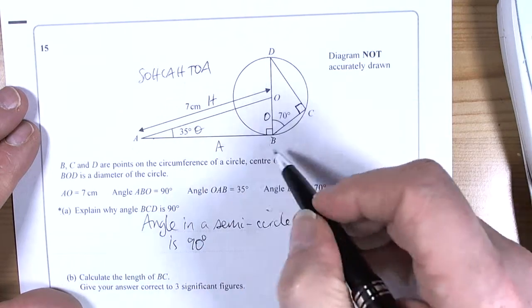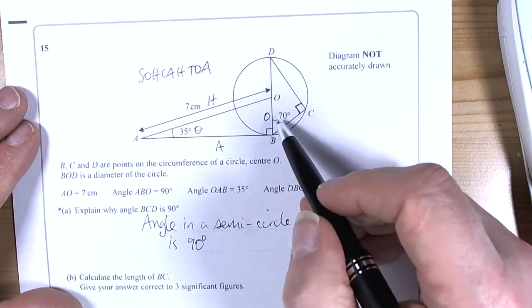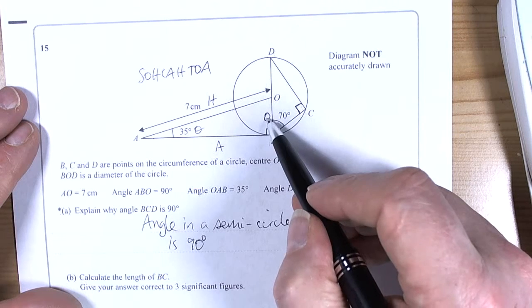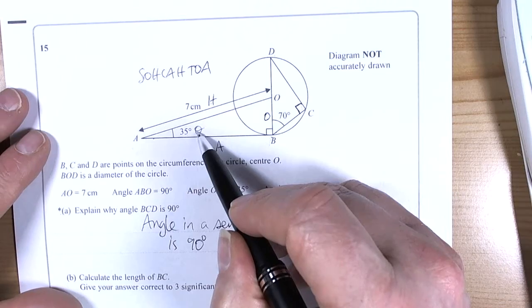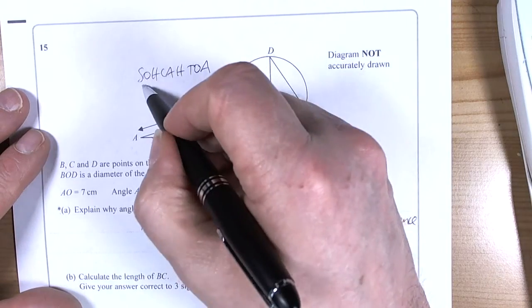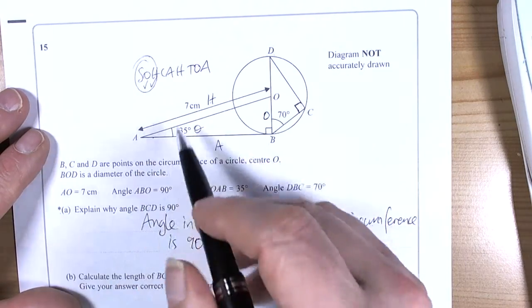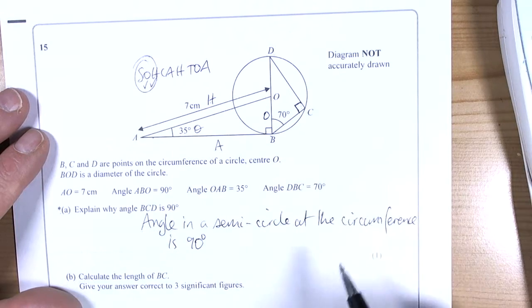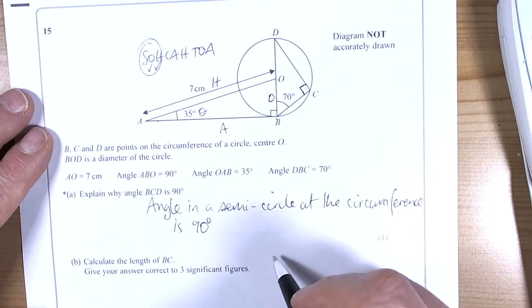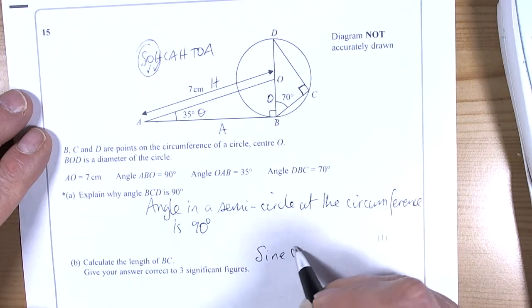Although we label A, we don't actually need it, because we have to find the length here knowing the length there and the angle theta. So we've got O and H, and therefore we can use the sine function.